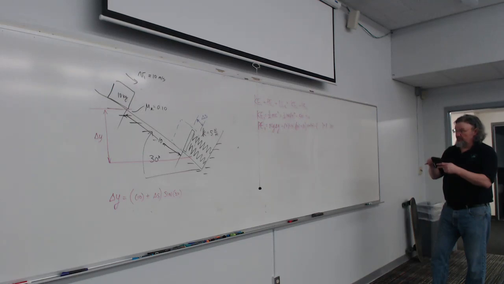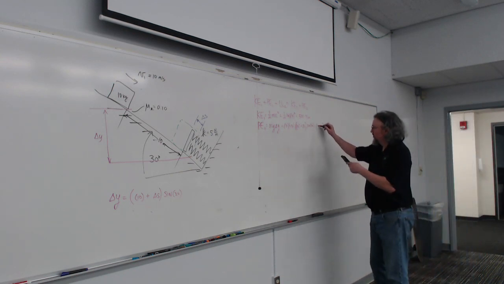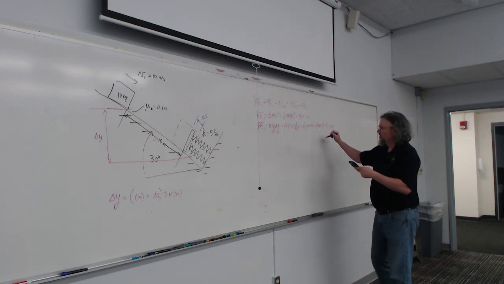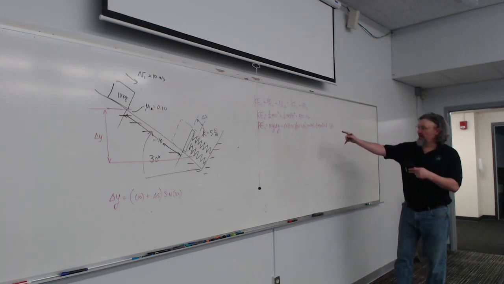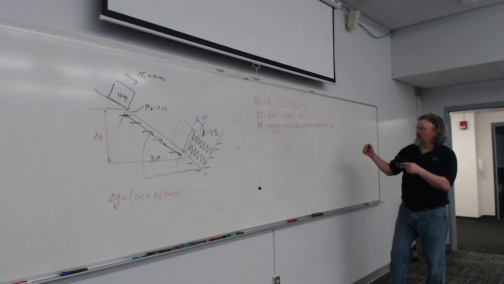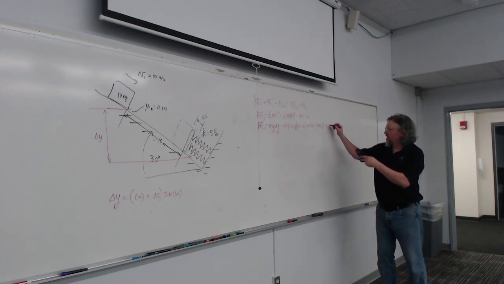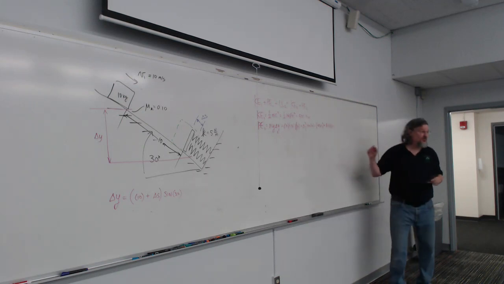So 981 times that, we have 490.5, and then we're also going to have 98.1 times 0.5. Cool. So that's going to be just 49.05.